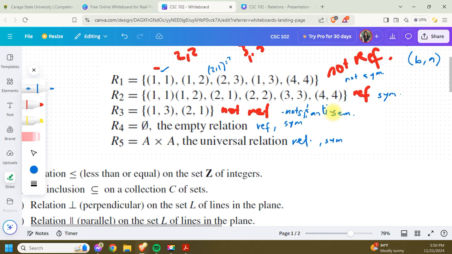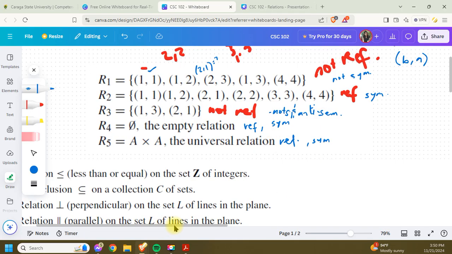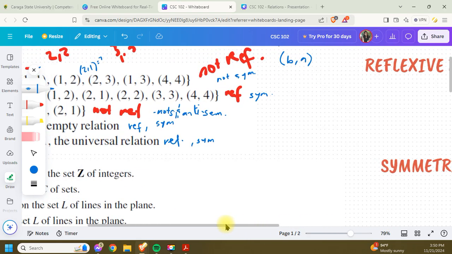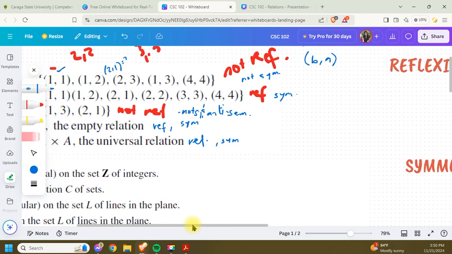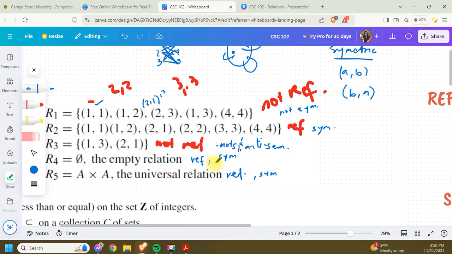Yes, this is antisymmetric because, again, there's no existence of a symmetric pair here, and both elements are not symmetric. To determine if R1 is antisymmetric, you look at whether there exists a symmetric element. Okay, thank you for the clarification. I think some of your classmates were confused because of how I write this.